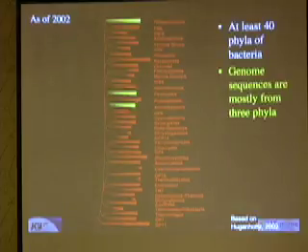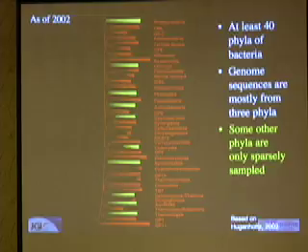If you look at the 40 or so major lineages of bacteria that were known at the time, the phyla, the genome sequences that were available came mostly from 3 of those phyla. So the Firmicutes, like the ones Ashley just talked about, the Proteobacteria, and the Actinobacteria, which includes things like Mycobacterium, Streptomyces. That's where most of the genomes were and still are from in the tree of life.